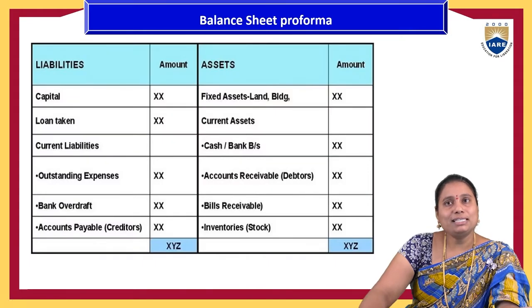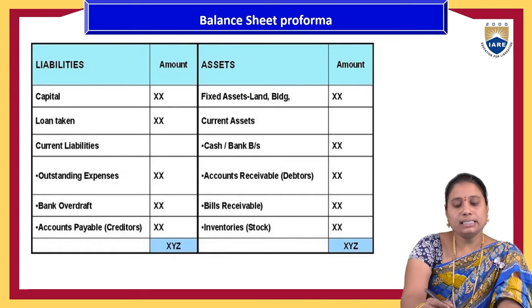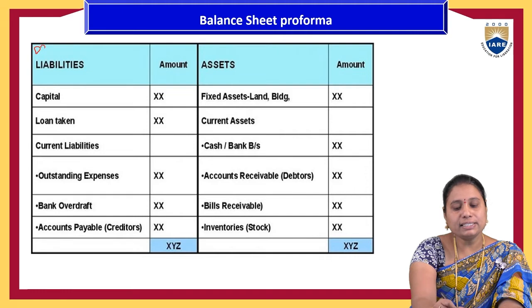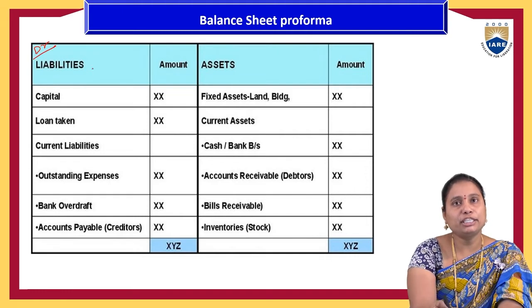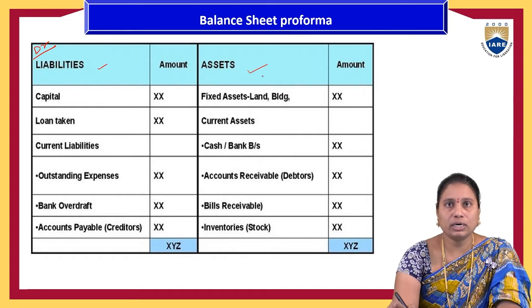If we observe the pro forma of this balance sheet, on the left hand side it considers the liabilities position, and on the right hand side the assets of the organization.